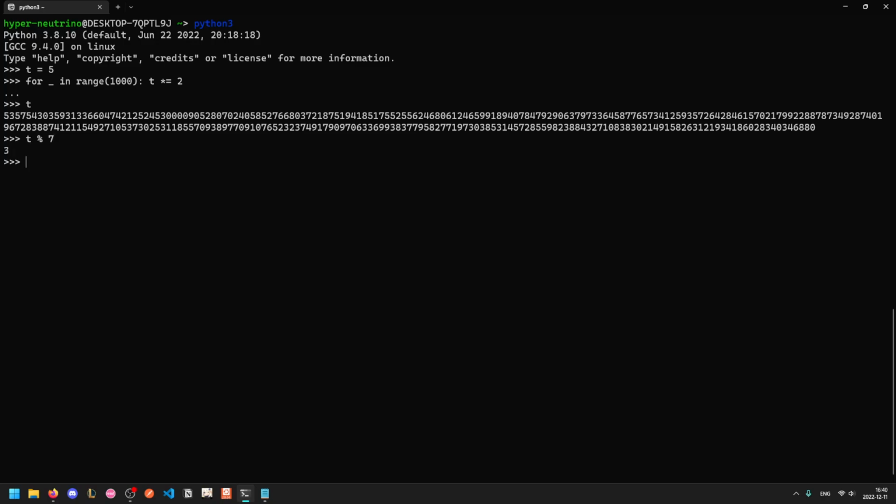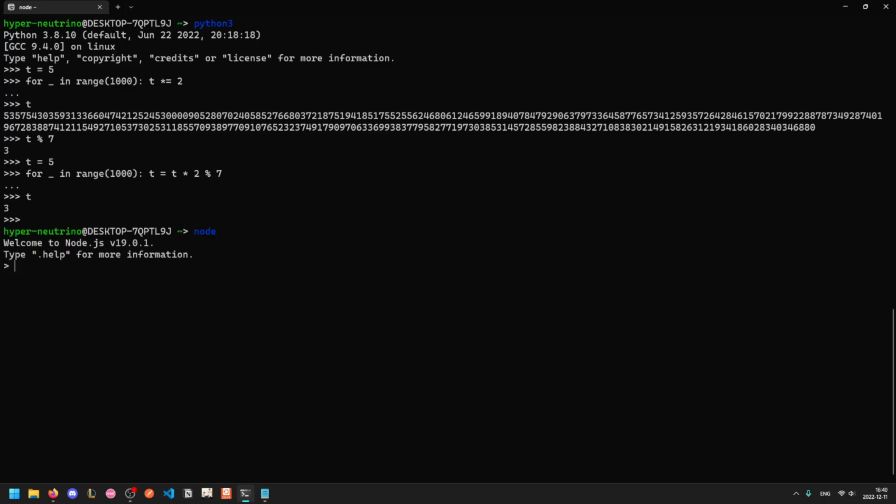And if we take t modulo 7, it's tiny. But if instead we do t equals t times 2 mod 7, we moduloed in each intermediate step and still got the same answer.